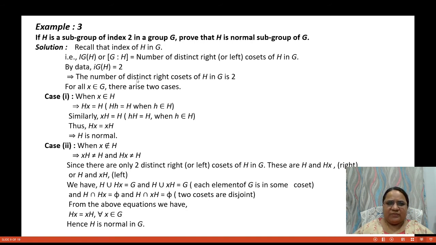The number of distinct right cosets of H in G is 2 here. For all x belonging to G, there are 2 cases: one is when x belongs to H, the other when x doesn't belong to H.